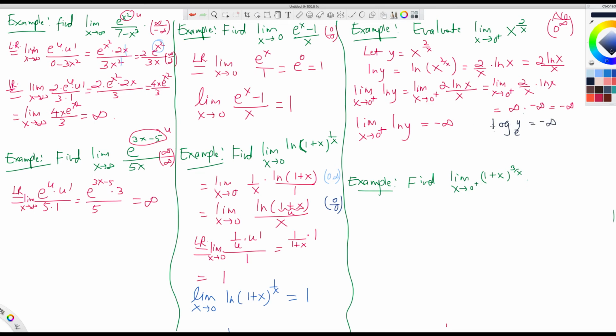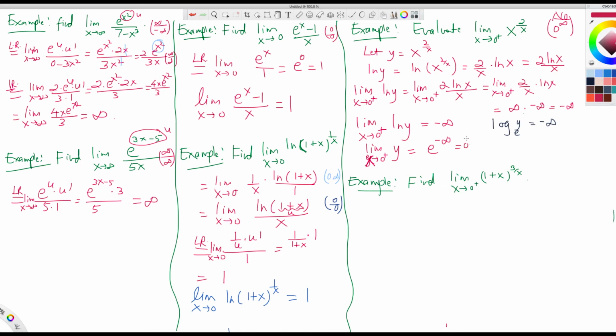If you want to get rid of the log, you write y equals the base to the other side. So you get limit x tends to 0 plus of y. What is y? y is x to the 2 over x, which is basically e to the negative infinity. So what is the value of e to the negative infinity? It is 0.